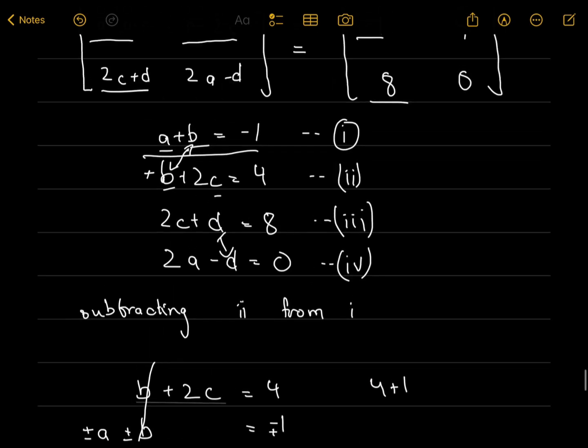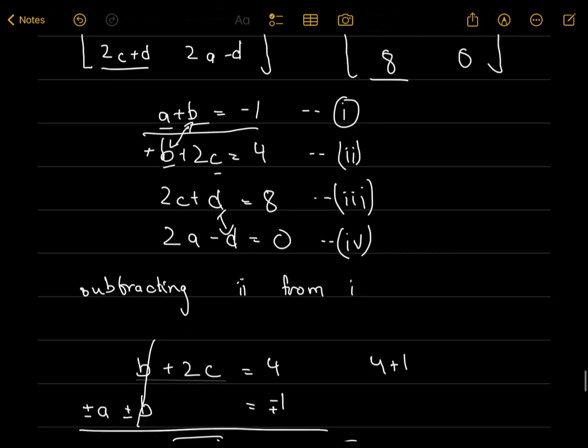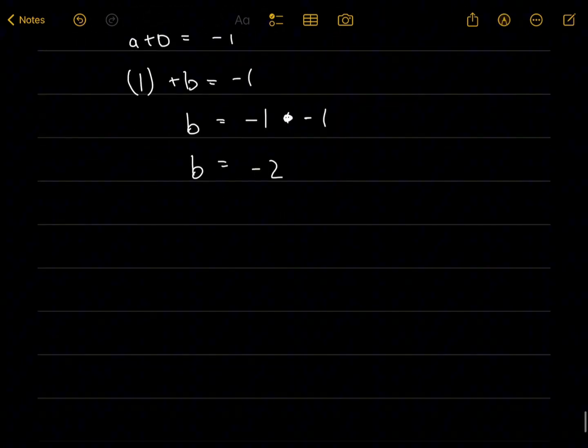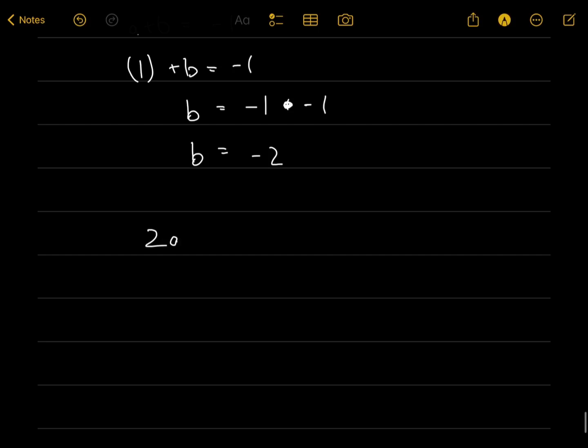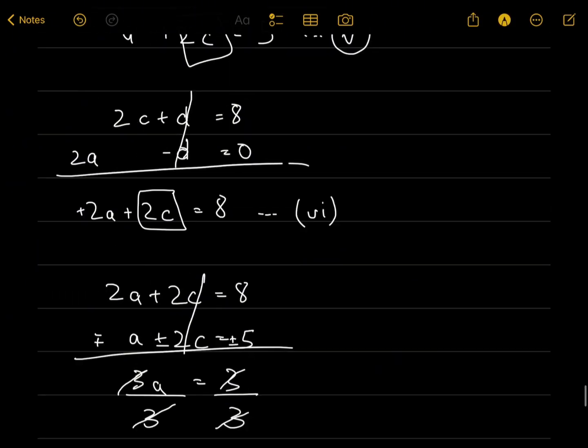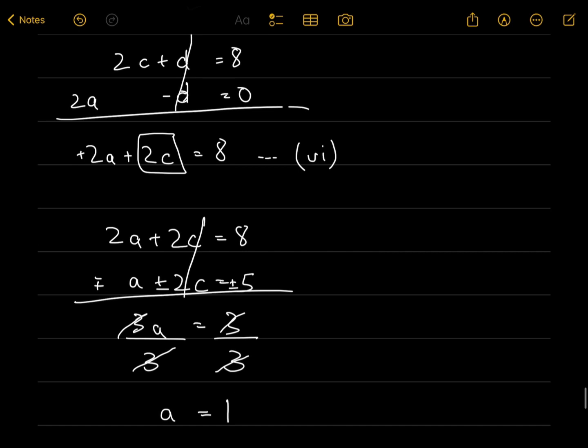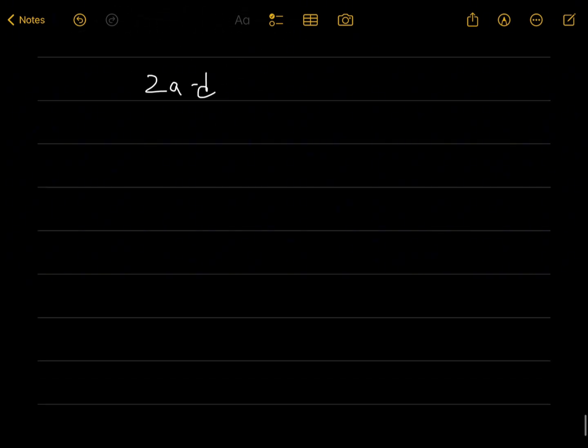For the next value, we take the last equation, 2A minus D equals 0. The value of A we know is 1, so 2 minus D equals 0.